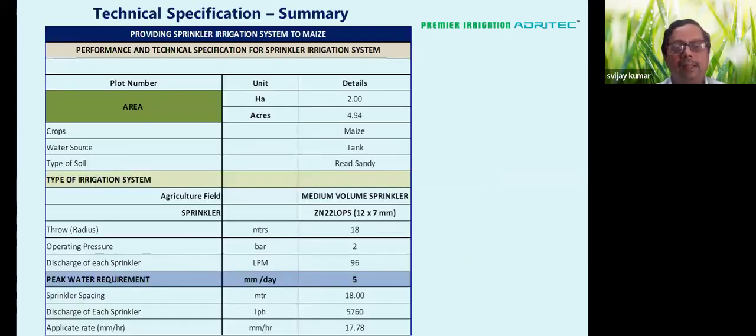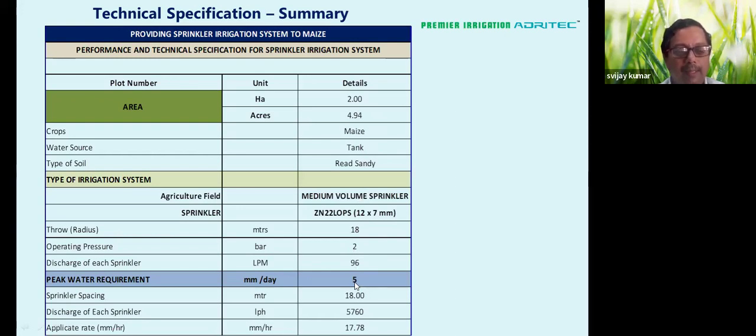To do this calculation, you need not worry. Actually, an Excel sheet is there, and every detail will be there in the Excel sheet. You just need to punch in the data. So you have the area of 2 hectares. What is the crop? What is the type of soil? What is the kind of sprinkler that has been suggested? What is the throw radius? What is the operating pressure? What is the peak water requirement?